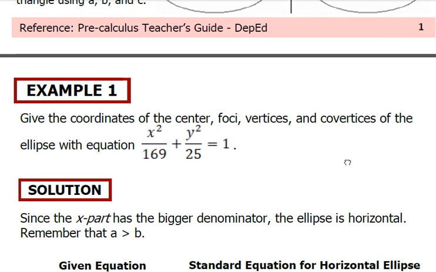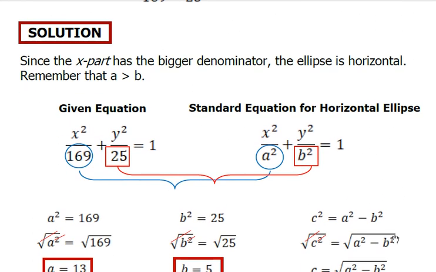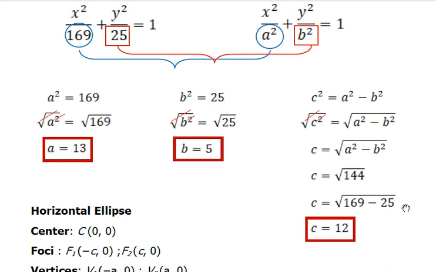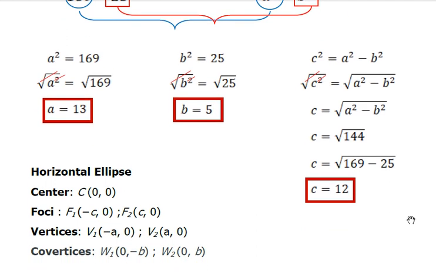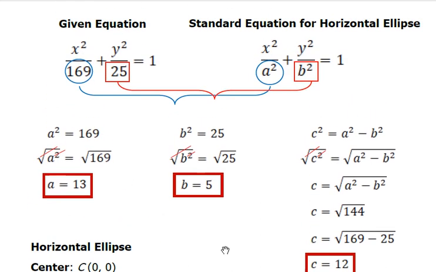So for example 1, kindly explore it with all your heart so that you understand the concept of an ellipse in standard form. Here we have a horizontal ellipse. Let's go over the equation. It says x squared over 169 plus y squared over 25 equals 1.